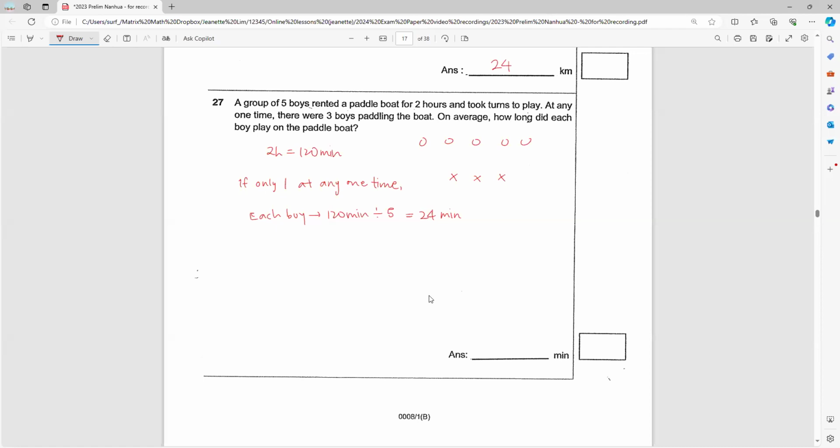So if 3 boys at any one time, then for each boy, the time to play is actually tripled. They have three times that chance to paddle the boat. Okay, so each boy actually gets 72 minutes to paddle.